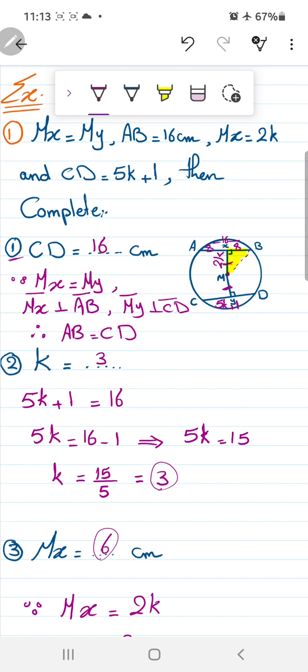Here we have right angled triangle MBX. We have the length of MX, 6, and the length of XB, 8. So to get the length of MB, we use Pythagoras theorem.